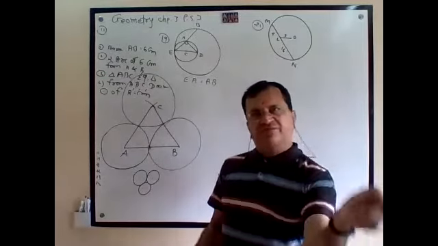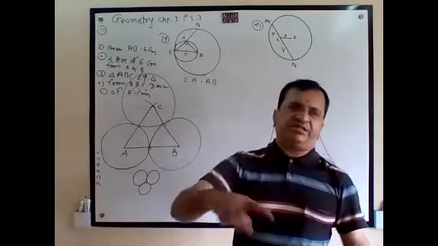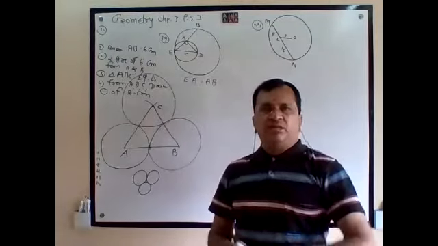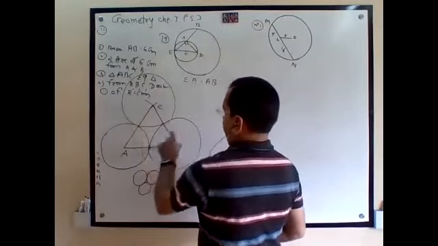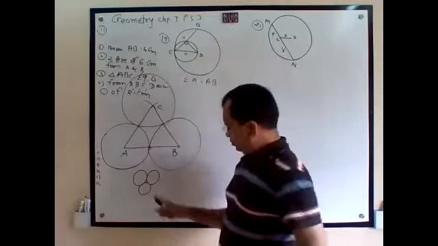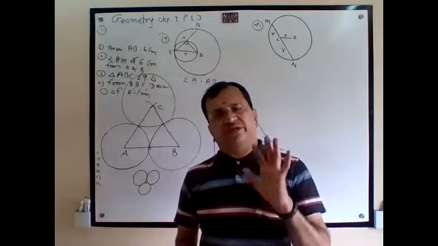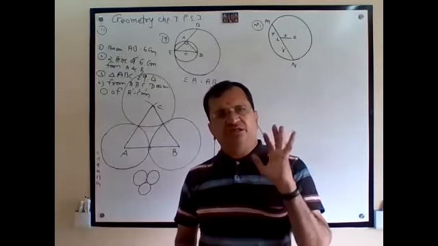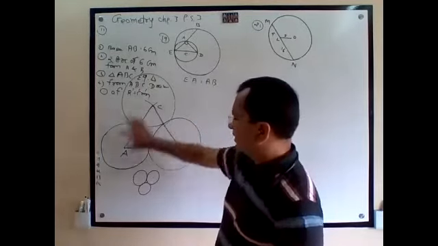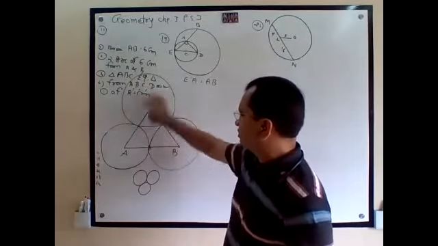First AB, then from A 6 centimeter, from B 6 centimeter, then from A, then from B, then from C. So you will get 3 centimeter circles, 3 circles touching each other. This is touching the rest of 2, this is touching the rest of 2, this is touching the rest of 2.